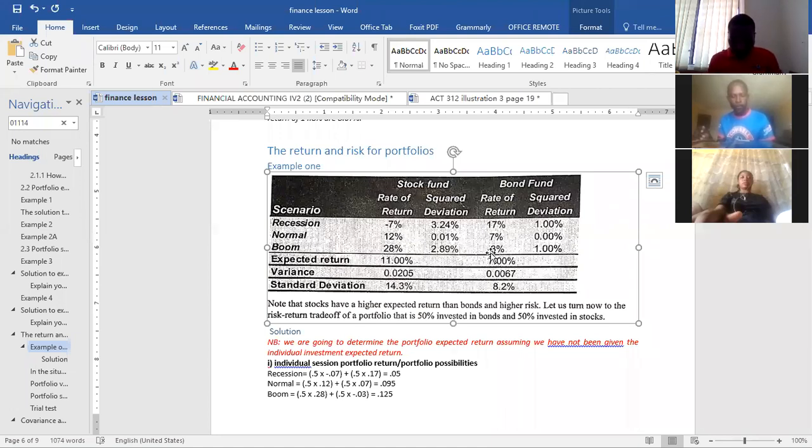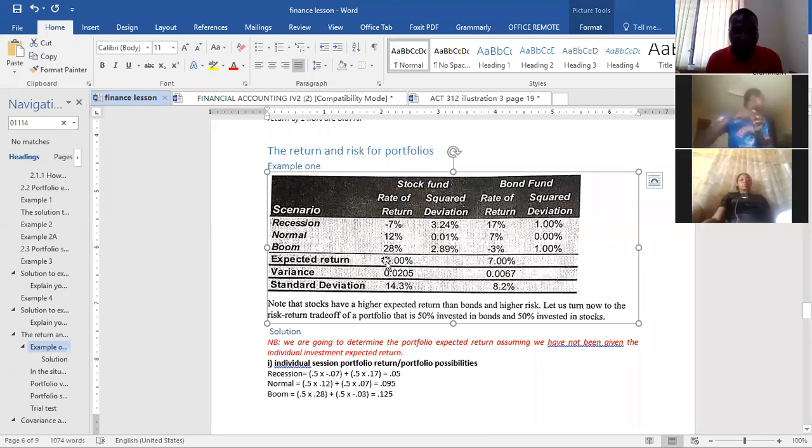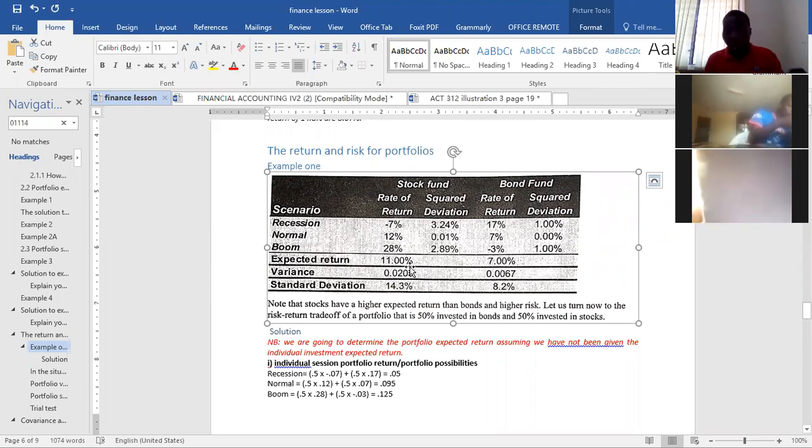Now, we are going to learn how to determine the portfolio expected return here, assuming we have not been given the individual expected returns. The individual expected returns here are the 11 and the 7%. And I am sure you know how to get this 11 and 7% if I ask you right now to determine it.